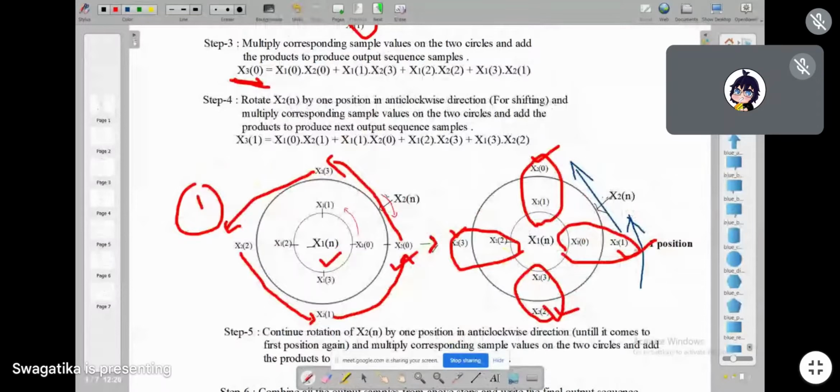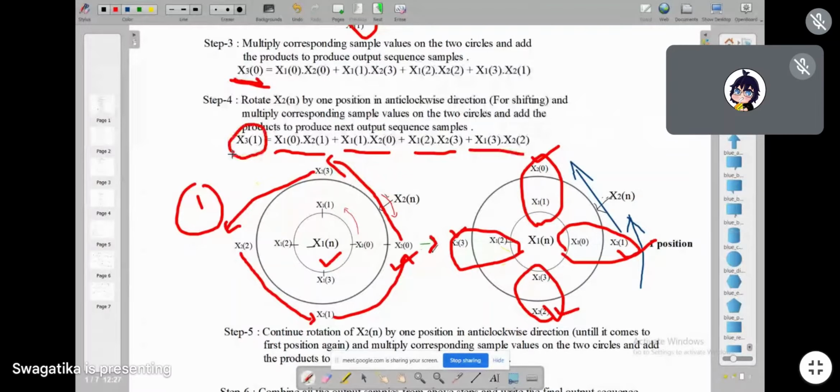Now x1 of 1 is being multiplied with x2 of 0. Now x1 of 2 is multiplied with x2 of 3, right? Third sample. Now the third sample of x1 is being multiplied with the second sample of x2, right? Now all are being added to find the second sample of our convoluted signal.